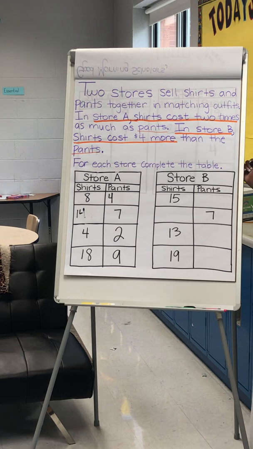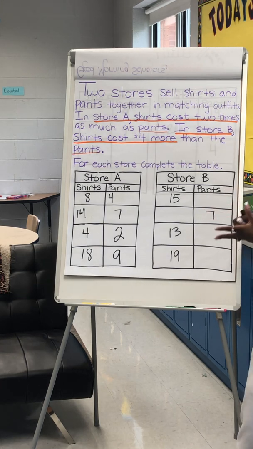All right, and then the same for store B. It's the same strategy, the same concept, but this time we're just using 4 more. When I talk about 4 more, what does that mean? Does that mean that I am multiplying by 4, dividing by 4? Absolutely not.